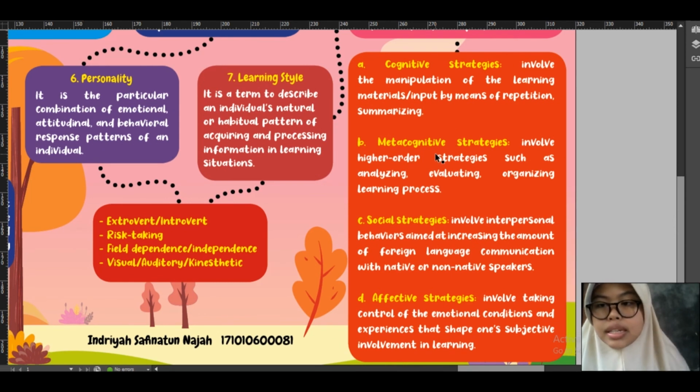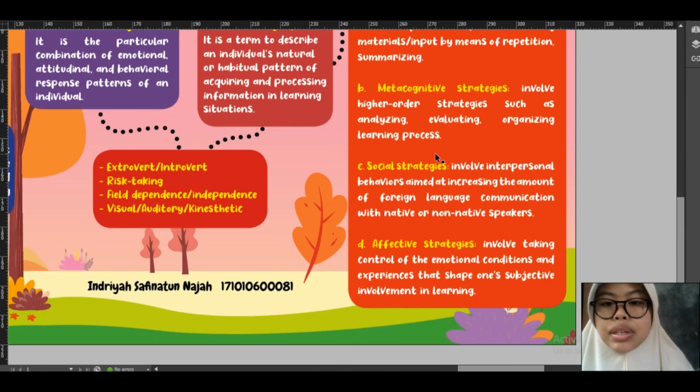Okay, let's explain one by one. The first is cognitive strategies. It involves the manipulation of the learning materials or input by means of repetition or summarizing. And then the second is metacognitive strategies. It involves higher order strategies such as analyzing, evaluating, and organizing the learning process.